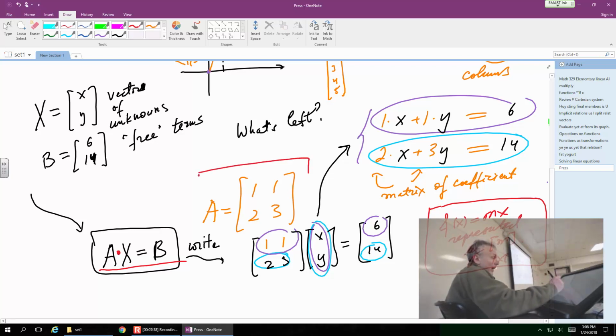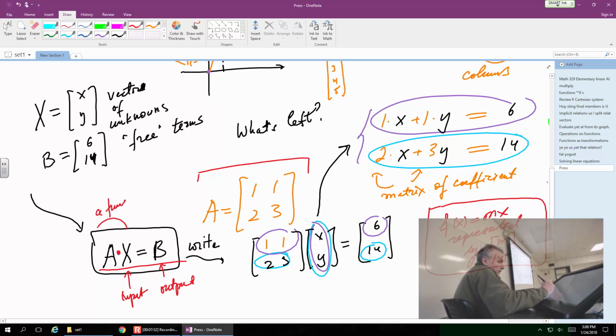But it doesn't change the fact that the matrix operates as a function. So what we're looking at here is, on the left we have the input x, on the right we have the output b, and this one is a function.